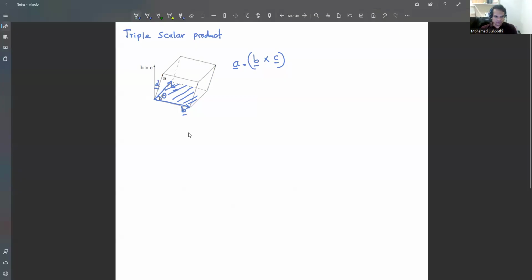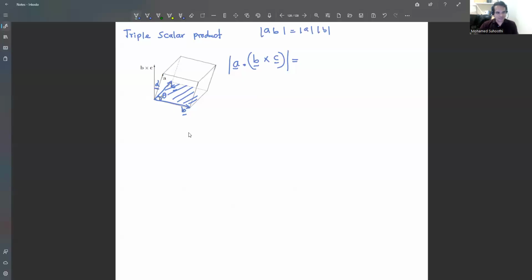Now if I write this in vector notation, I'm going to write only the magnitude. This is from fundamental maths, you know these properties.